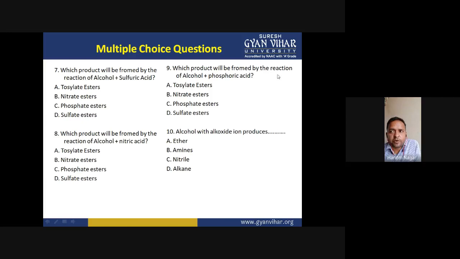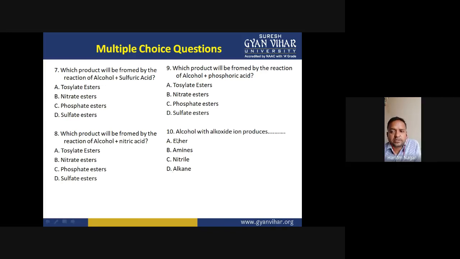And which product will be formed by the reaction of alcohol plus phosphoric acid? Tosylate ester, nitrate ester, phosphate ester, or sulfate ester? The phosphate ester is formed by the reaction of phosphoric acid and alcohol.